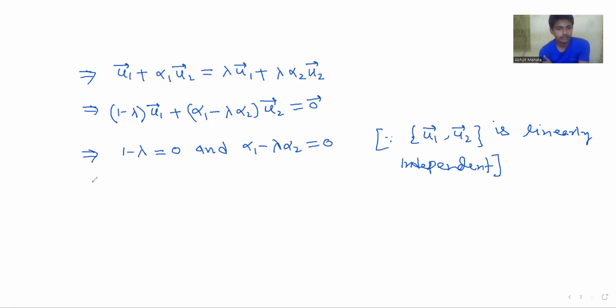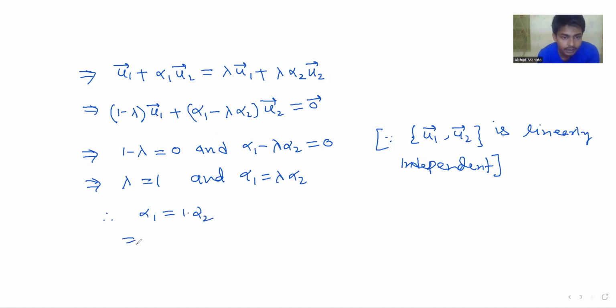So we get lambda equals 1 and alpha 1 equals lambda alpha 2. So alpha 1 equals 1 into alpha 2, which means alpha 1 equals alpha 2.